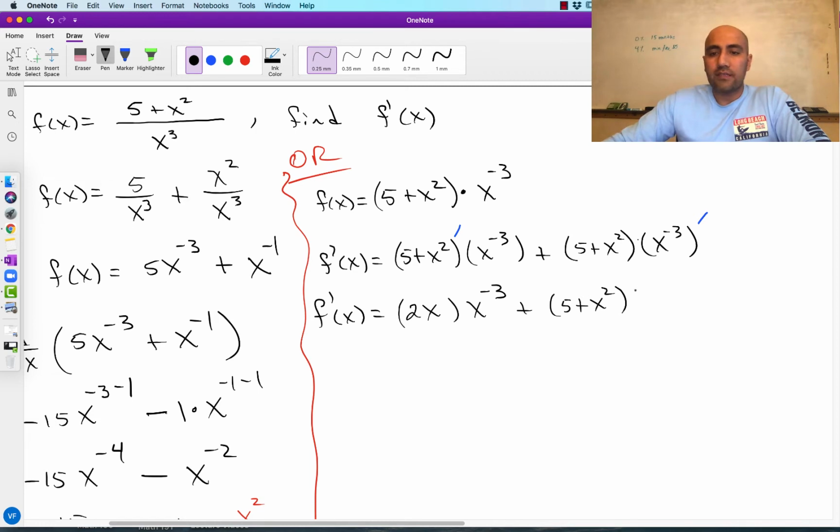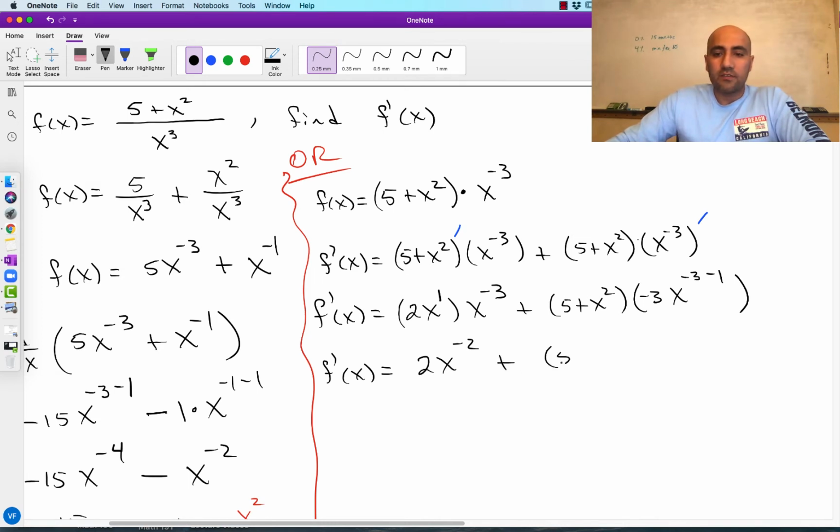And the derivative of this is going to be negative 3 x to the negative 3 minus 1. Remember, we go deeper into the negatives. Minus 1 in the exponent. Okay, so now all we have to do is simplify. This becomes, okay, so we can think of adding the exponents. So this becomes 2x to the minus 2 power.